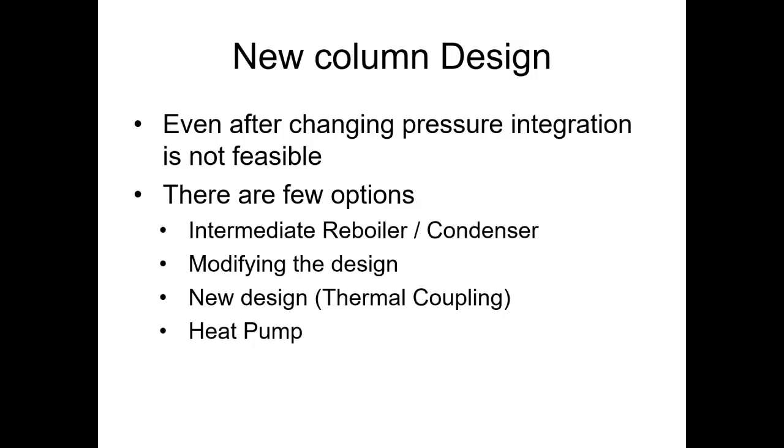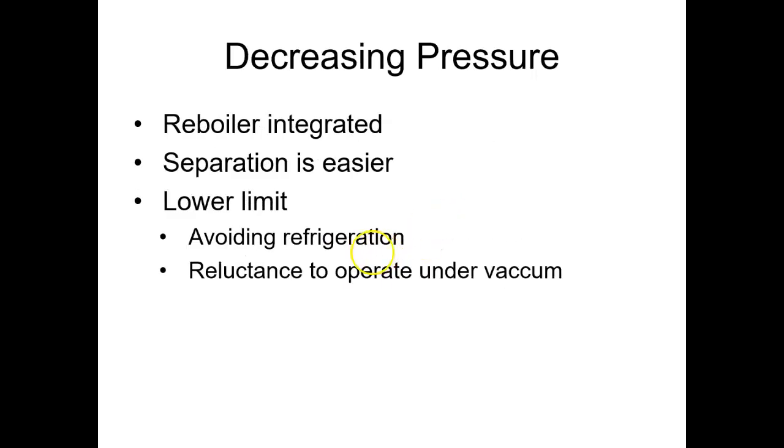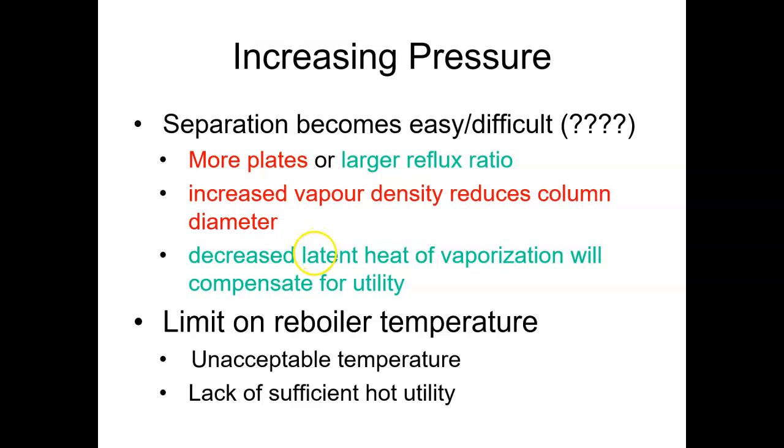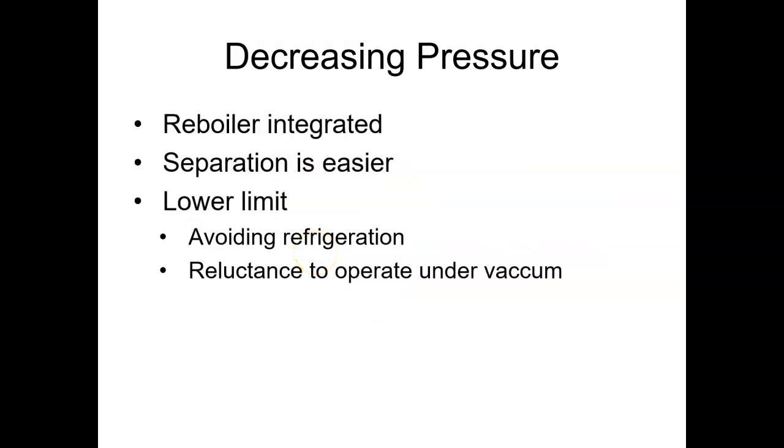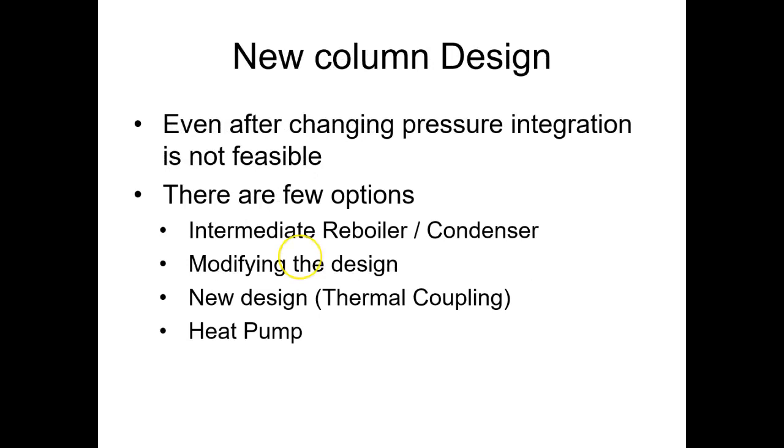We could try to change the pressure, either increase or decrease, so as to take the column above pinch or below pinch, but that is also not practically feasible for one reason or another, as discussed in the previous video, where we have seen that increasing pressure has its own impact and decreasing pressure has its own impact, apart from just changing the temperatures of condenser and reboilers. So in that case, we are left with few options for designing the column in a different way.